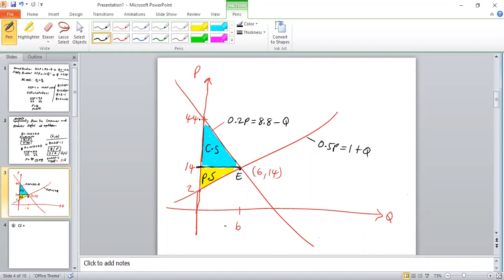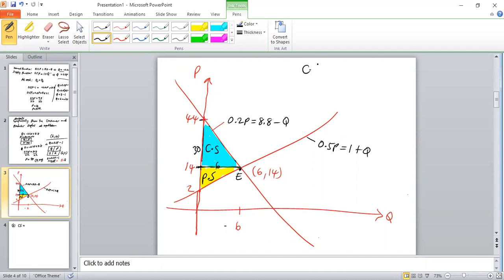From 14 to 44, what's 44 minus 14? It's 30, good. And from here to there, it's 6, isn't it?